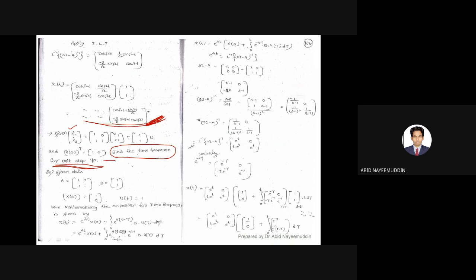It means that he has given u of t is equal to 1, unit step. So let me solve the last problem here, which ends the last but one concept. Then in the next class directly we will go for the last concept, controllability and observability. So let me solve this problem.